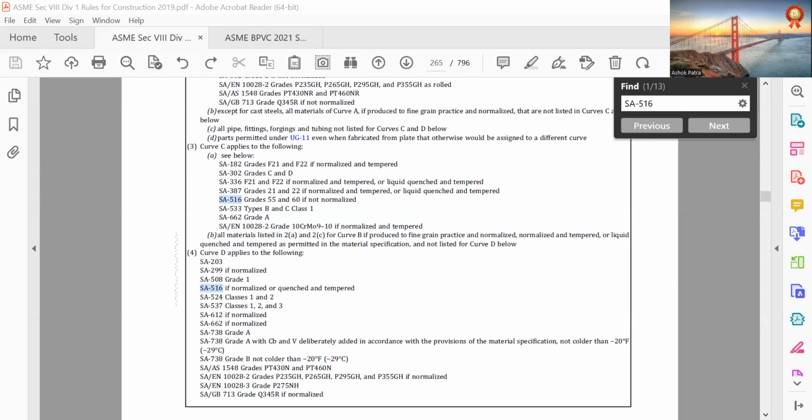So they do it without impact testing. That is the problem, and the vessel failed later due to brittle failure. So if it is 60, there is no problem, because that is the temperature, 60 degrees Fahrenheit, and that is lesser than 70.